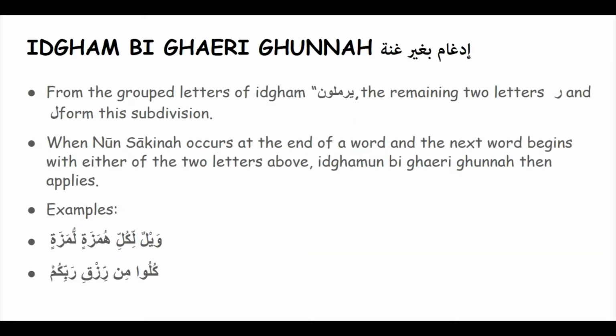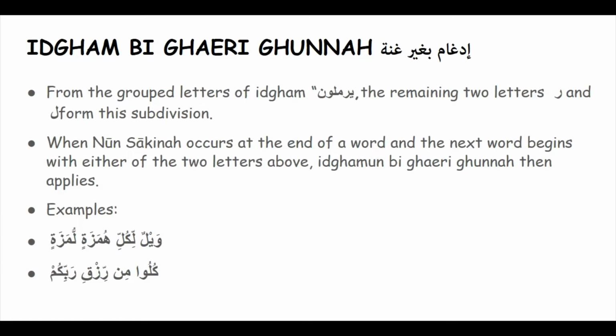Then idgham bi ghayri ghunna, the other division of idgham. This is also extracted from the six grouped letters of idgham. Generally, we will be extracting the ra and lam, and these form the subdivision of idgham, forming the category idgham bi ghayri ghunna.